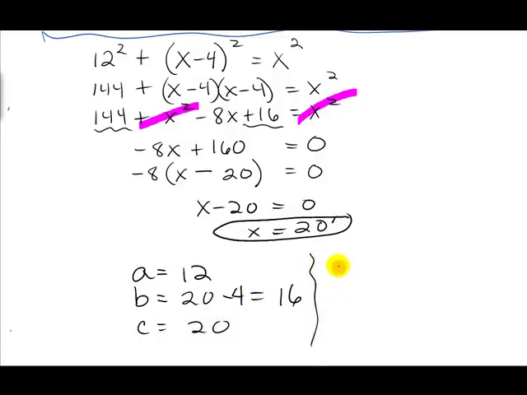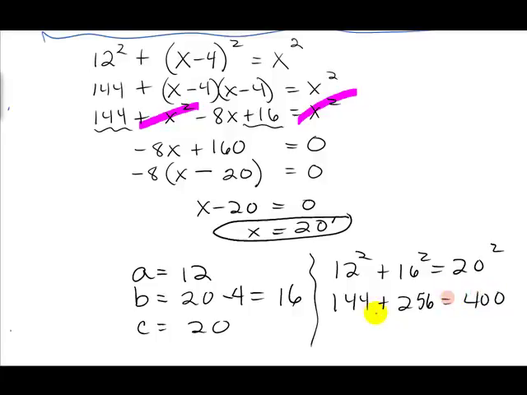So do the Pythagorean theorem: 12 squared plus 16 squared equals 20 squared. This is 144, 256, 400. Add that together, that's 400. So it works. Okay, let's go to number 6.